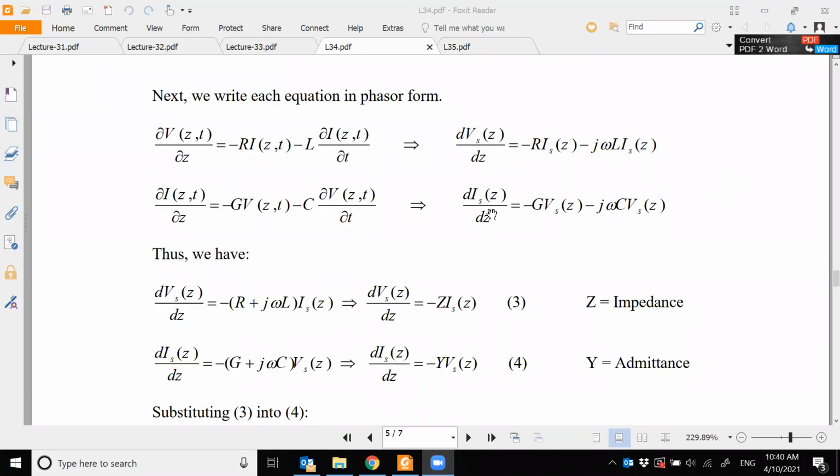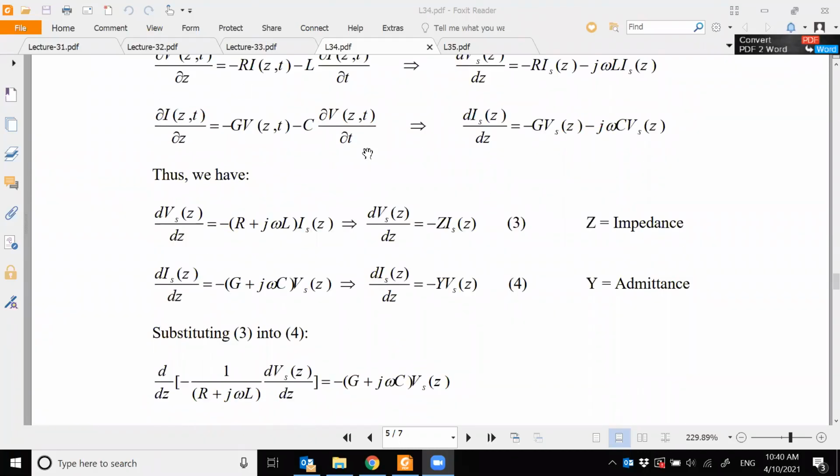Now furthermore, we are taking Is of z common here, and Vs of z common here. If I take the common, I'm getting R plus j omega L, and here G plus j omega C. You have already studied circuit theory, both 202 and 213. So what is this R plus j omega L, guys?